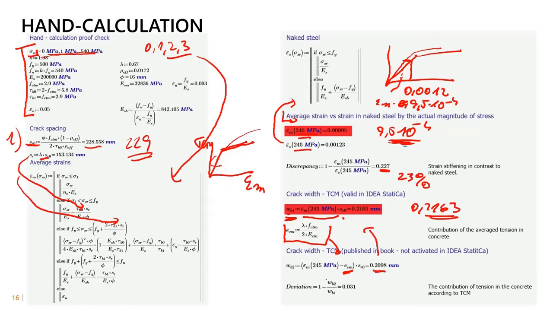And if I calculate the deviation between those two values, this is basically 3.1%. So the contribution of the average tensile strength in between the cracks is negligible. So that's also not activated for a standard version in IDEA StatiCa.